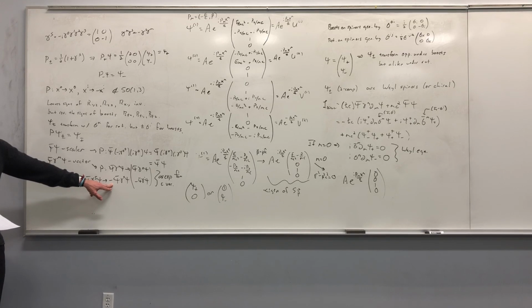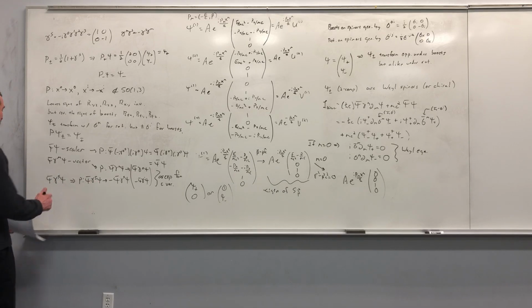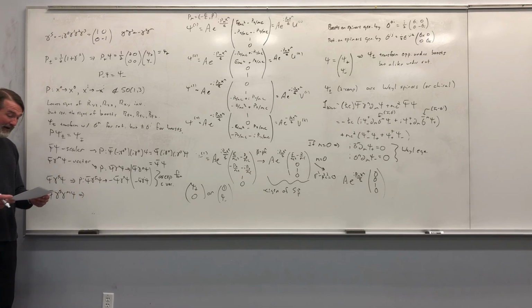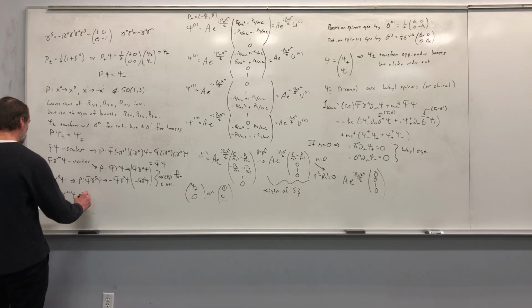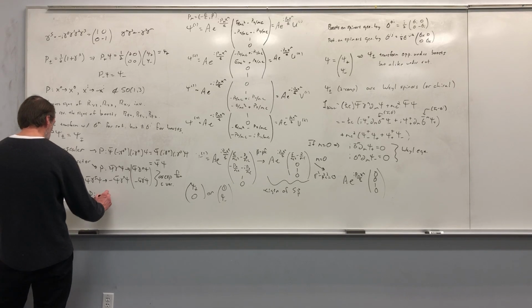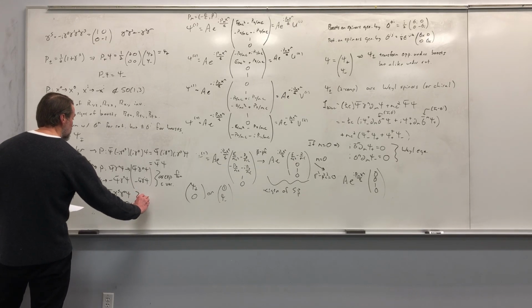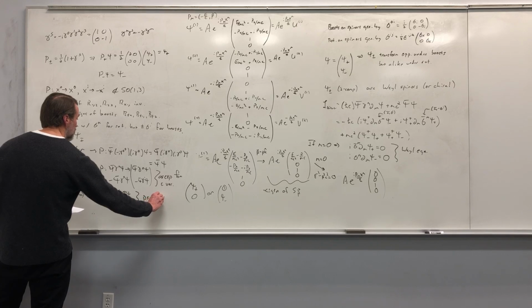And then, if we take a vector and we transform it under parity, it's going to transform into minus psi bar gamma 5 gamma 0 psi, and then plus psi bar gamma 5 gamma i psi. So this is going to transform as a pseudo-vector.